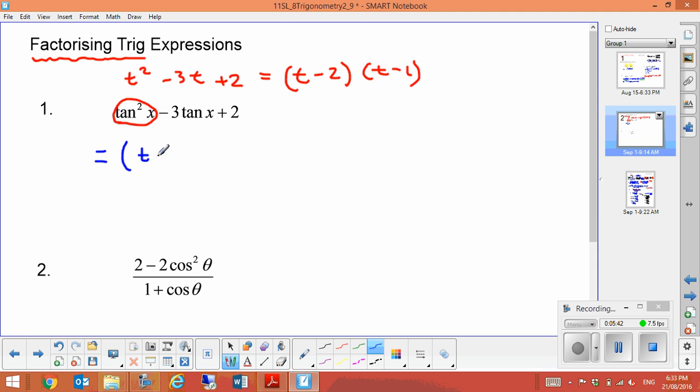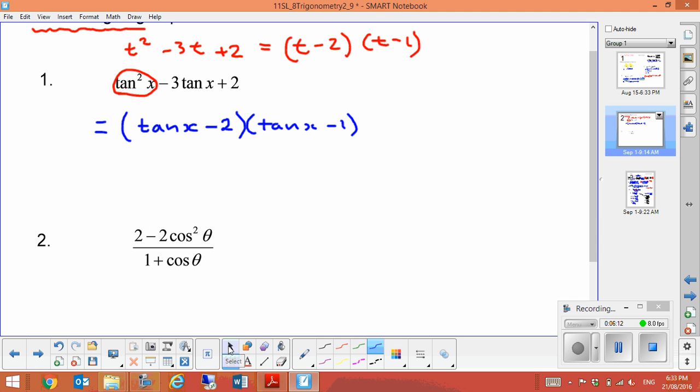So we've got tan x minus 2, tan x minus 1. Now that's factorised.